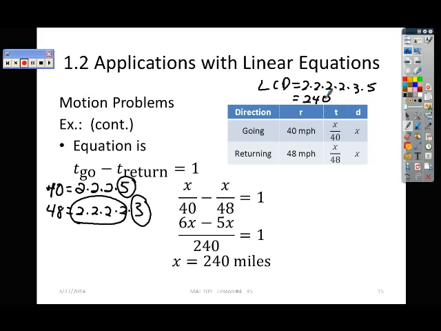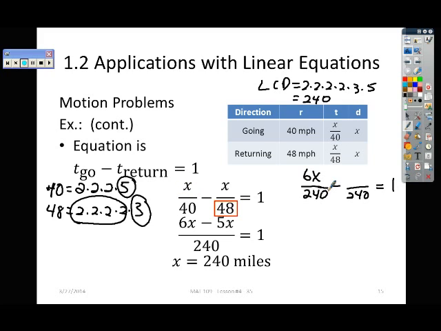Now I need to rewrite each of these fractions with a denominator of 240. And for my numerator, to make this become 240, what do I have to multiply this by? So if I multiply that by 6, I have to multiply that by 6.